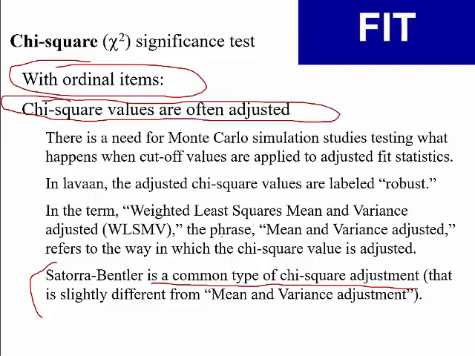There are a few different ways of doing it, even though at this point I think it's a little bit unknown exactly what those adjustments do. We need a little more research to clarify how well they work. I haven't seen any papers, at least recently, that have clarified exactly how well these adjustments are working.